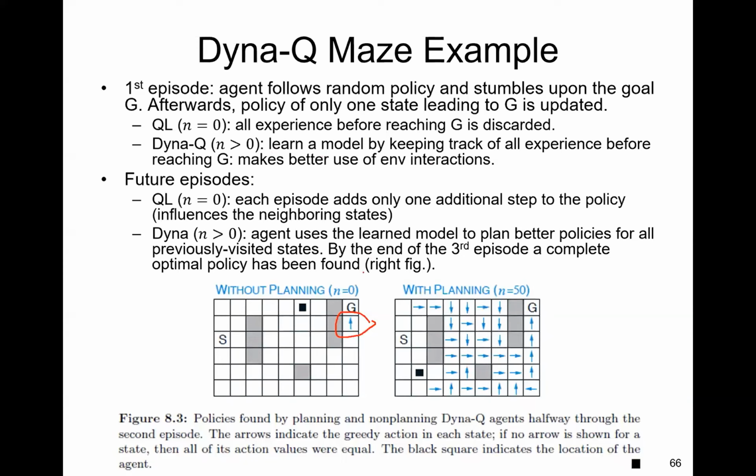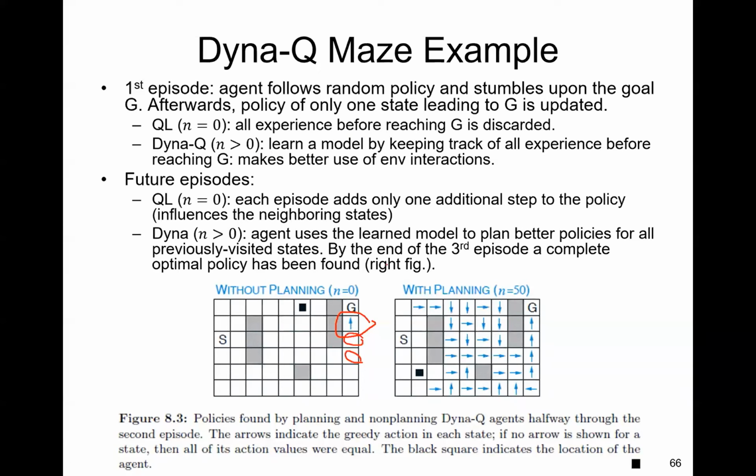So for future episodes, for Q learning, this Q will gradually propagate back. So the next episode, when it ends here, it'll update this guy. The next episode, it will update this guy. So the propagation of Q is really very slow.